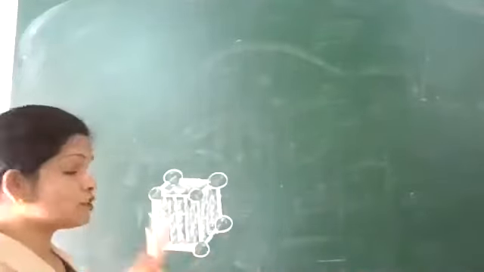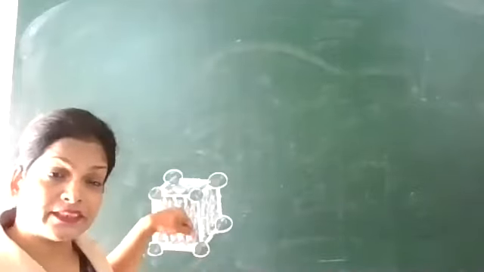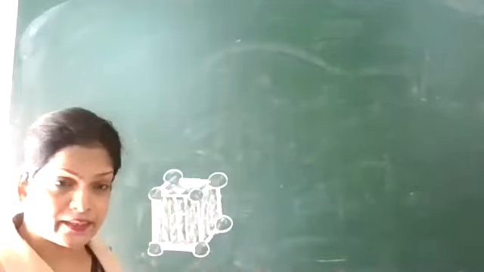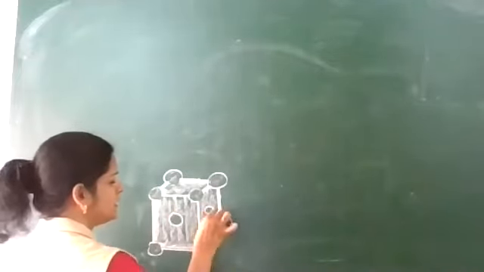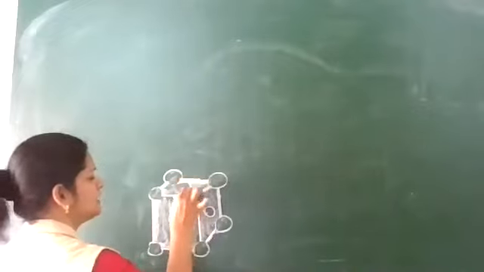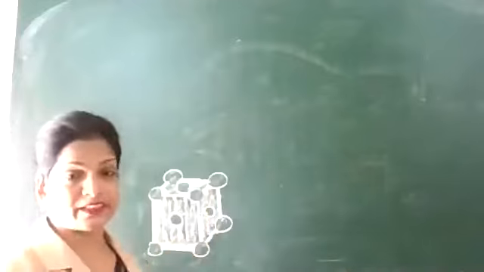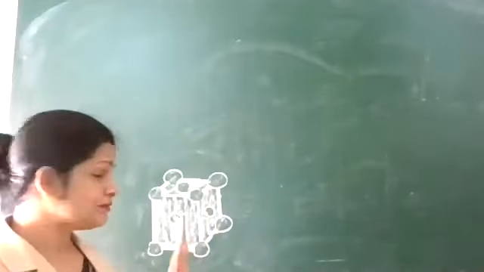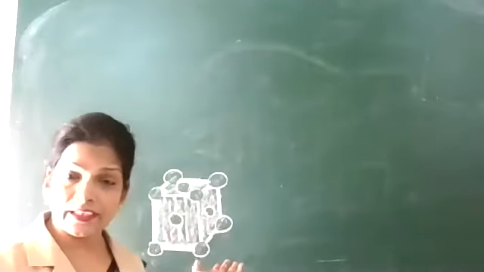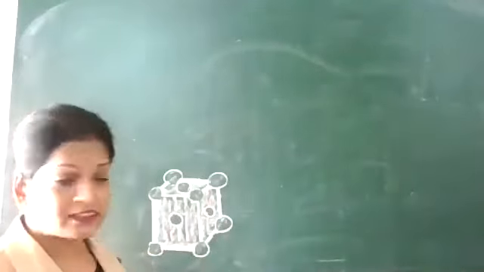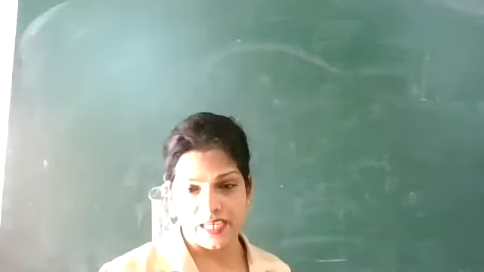But in addition to these corners, if there are atoms in the interior center, or on the face centers, like the top face center, bottom face center, side face center, back face center, then such unit cells are called centered unit cells.